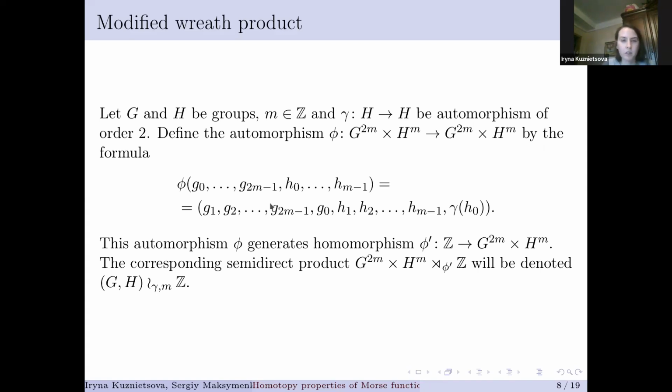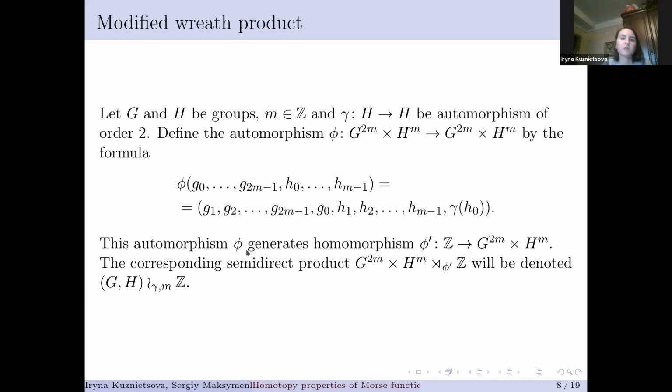It's similar to the usual wreath product, but here we have 2m elements from G, and the automorphism shifts the H. So we have such an equation.